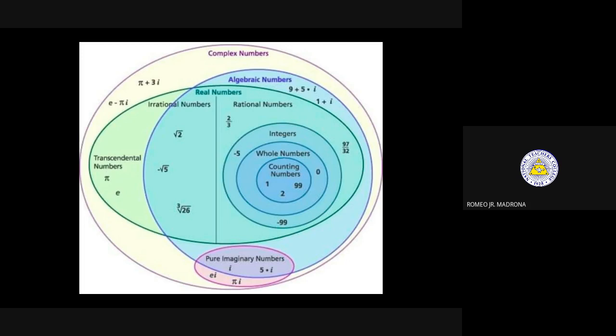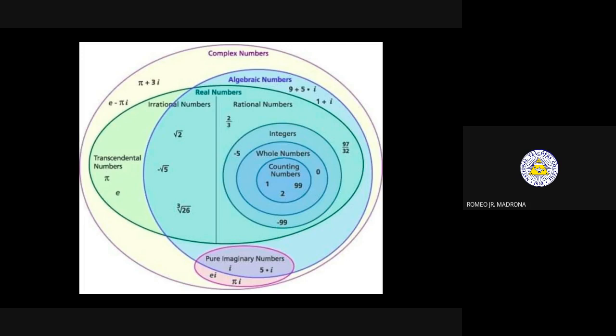Okay, very good. Ayan, tama yung sinabi ni Ethan. It can be written in the form a plus bi, where a and b are real numbers. Okay? Dapat ma-specify mo dyan na sino si a, sino si bi. Okay, Ethan, kulang ka dyan. So therefore, 0 is a complex number.